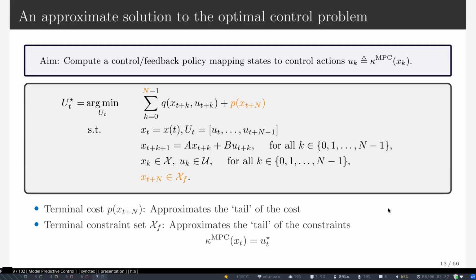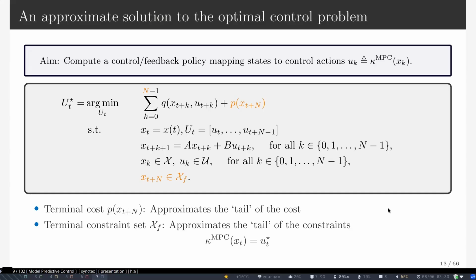And this terminal set tries to be yet another way of capturing all the other constraints, all the other things that we chop, because now we only enforce constraint satisfaction over the horizon. So we put that in to capture everything that we have chopped out. I've moved to linear dynamics. It doesn't need to for now.